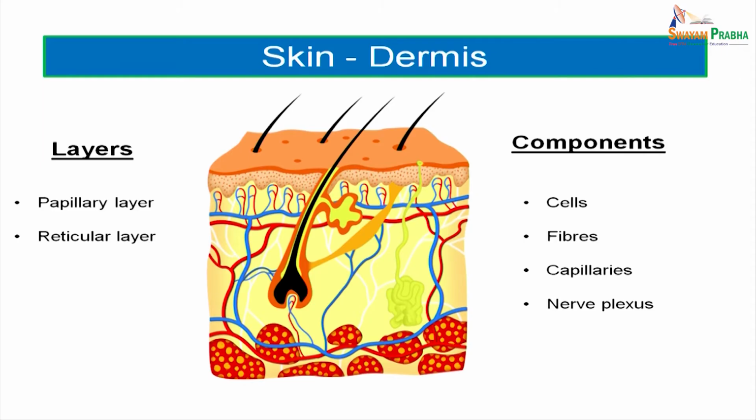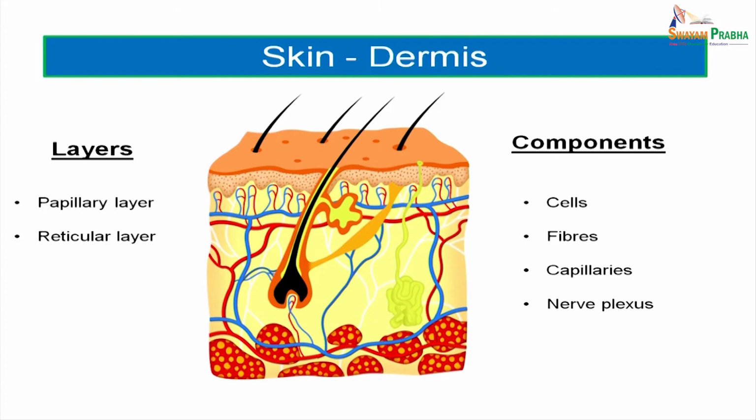So, collagen fibers in the dermis play an important role in the cosmetic department. The elastic fibers of course maintain the elasticity of the skin, and as age progresses the elastic fibers reduce in number, and thus we have wrinkling of skin and so on.